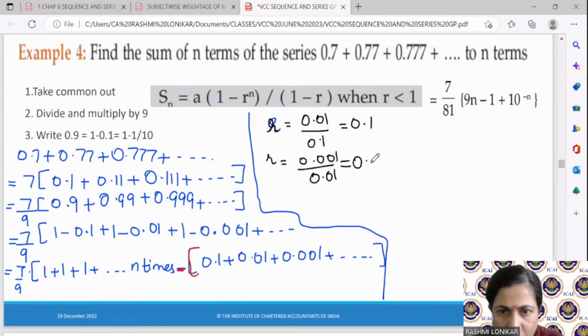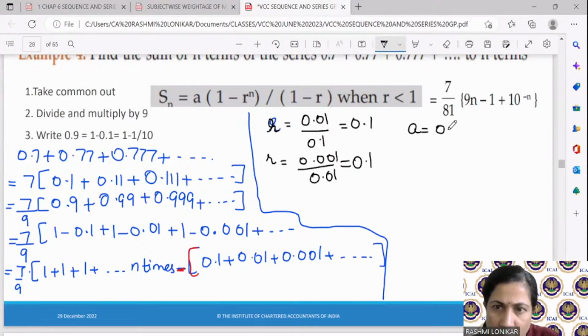Okay. So I got the value of R. I have A. What is my A? A is equal to 0.1.